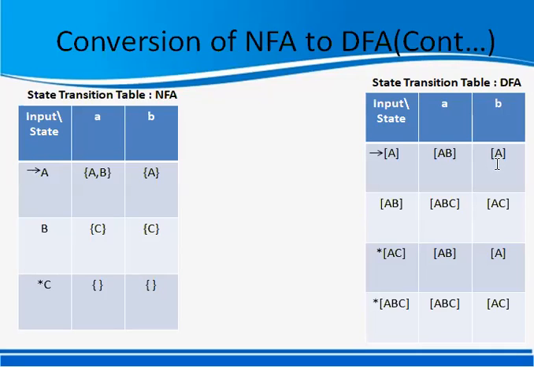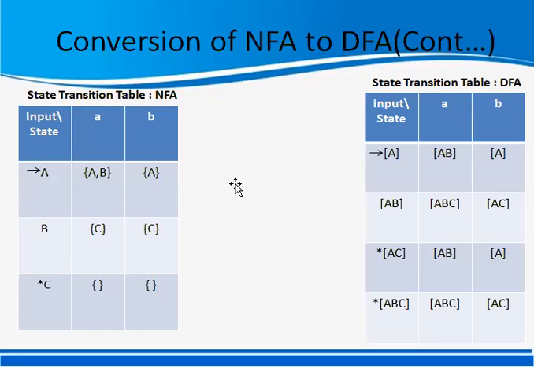Now we will check what new state we have found. Here we have found AB, it is a new state, and we have already seen the transitions on A. So now we will see the transitions on state AB. From state AB on input a, we will take the union of these two from the state transition table for NFA.